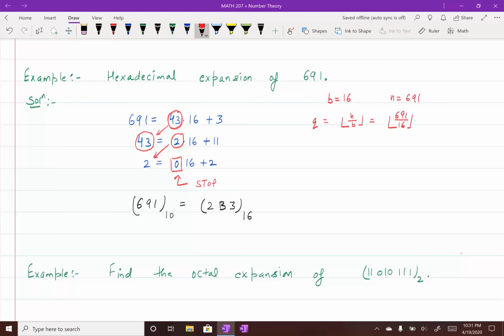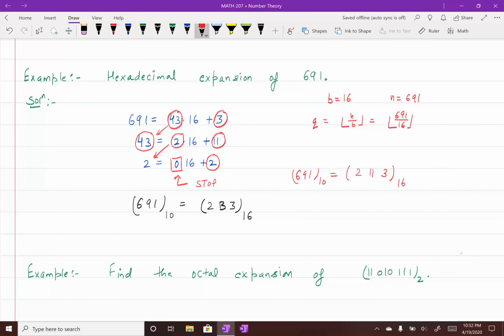Okay, and then the rule says that you collect all those remainders from bottom to top and rewrite them in expansion from left to right. So 691 with the base 10 can be written as 2, 11 and 3, because these are the 3 remainders here, here and here, with the base 16.